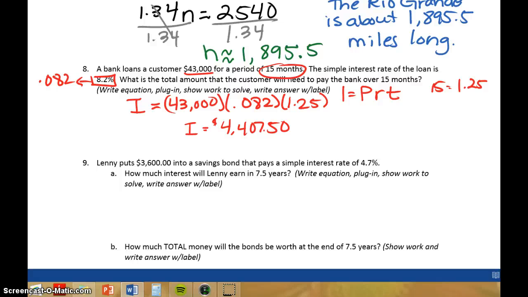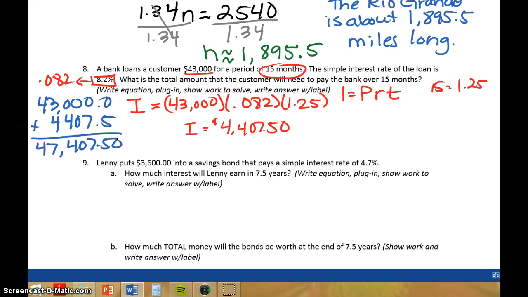So we will have to add that number to our principal. So our $43,000 plus $4,407.50. When I add that together, I end up getting $47,407.50.